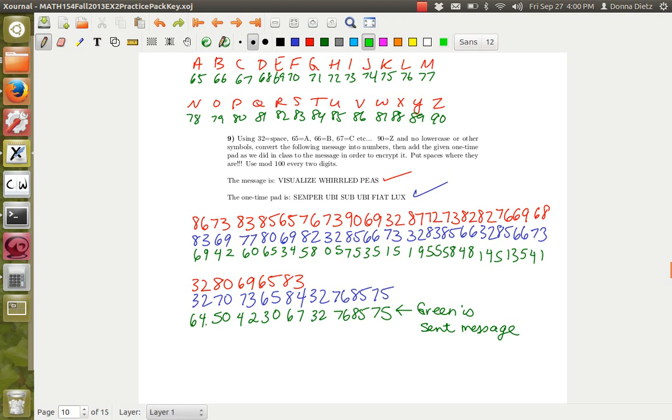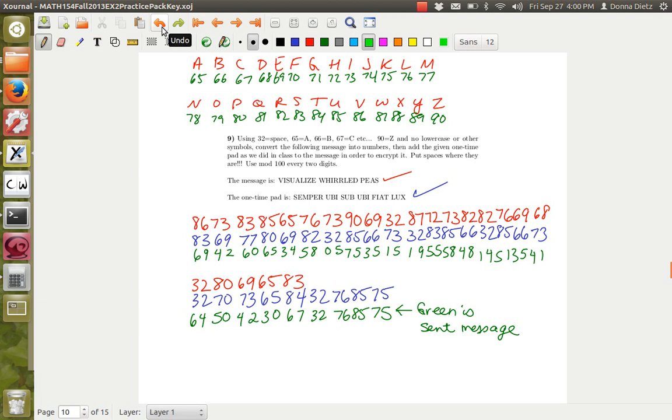But 32 plus 32, this is actually a really special thing I wanted to point out. Notice that the space plus the space equals 64, and 64 isn't even in the list at A. So if you see a 64, you not only know the message had a space in it, but both the pad and the message had a space right there.